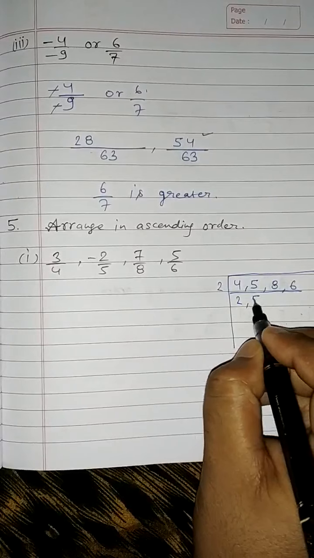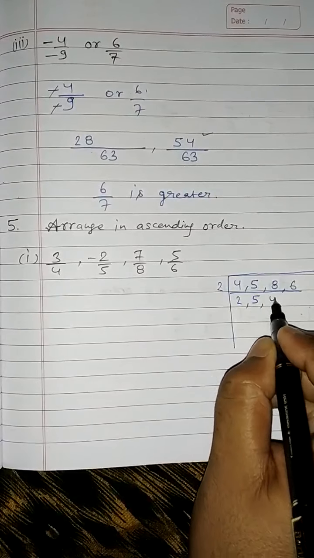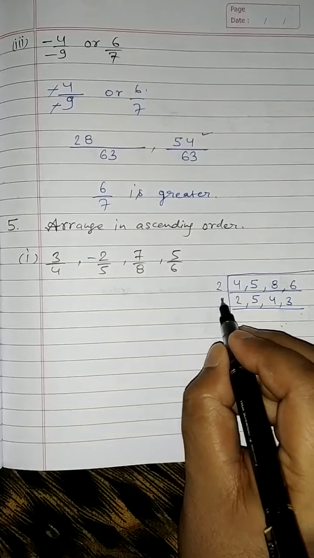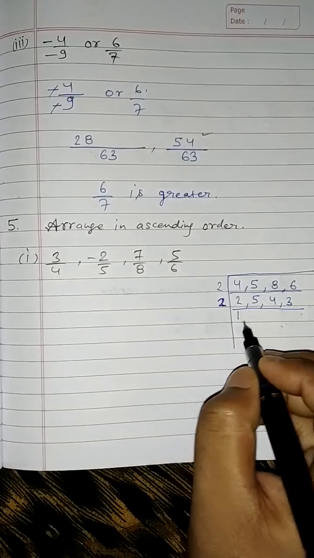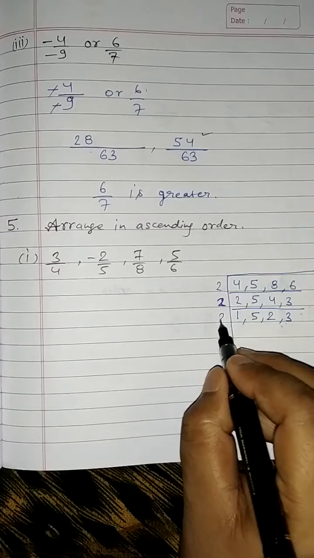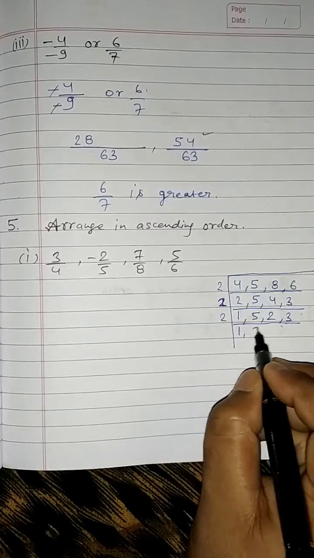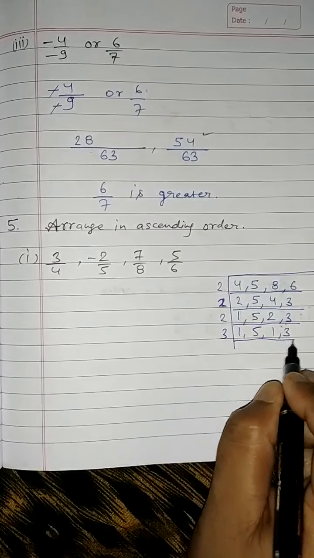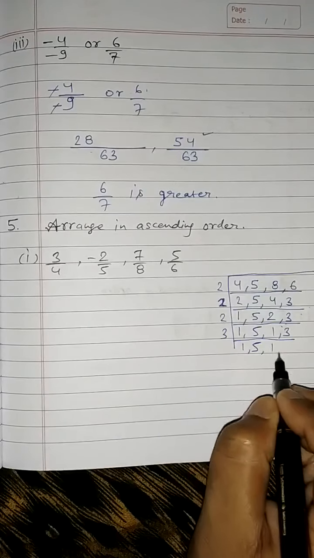2 2s are 4, 5 cannot be cancelled, 2 4s are 8, 2 3s are 6. 2 1s are 2, 2 2s are 4, again 2 1s are 2, now 3, 5 cannot be cancelled.